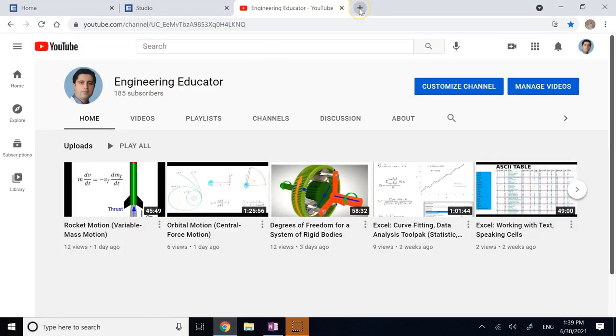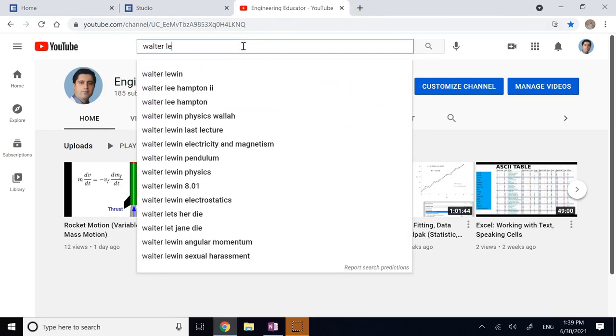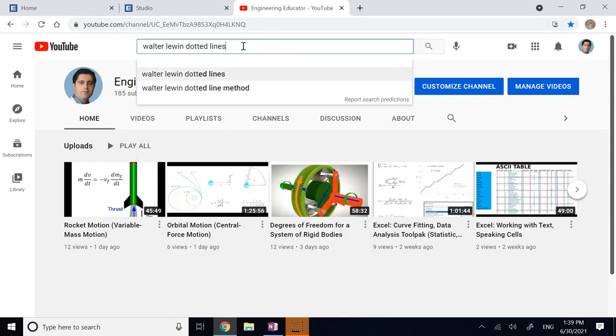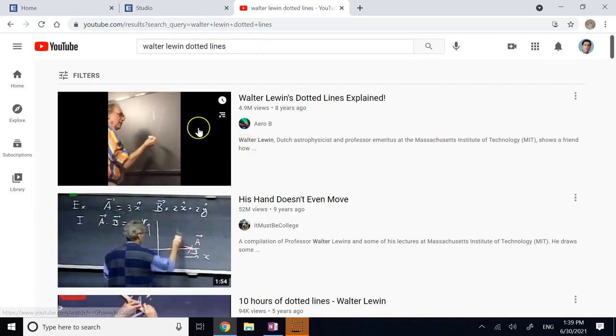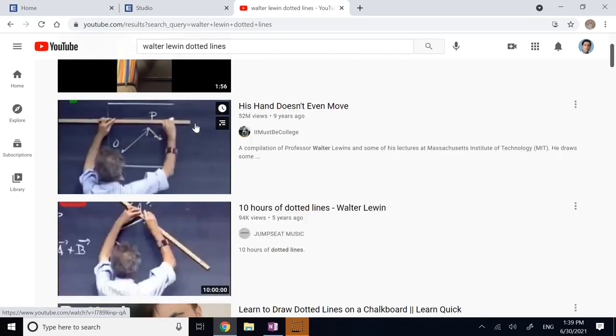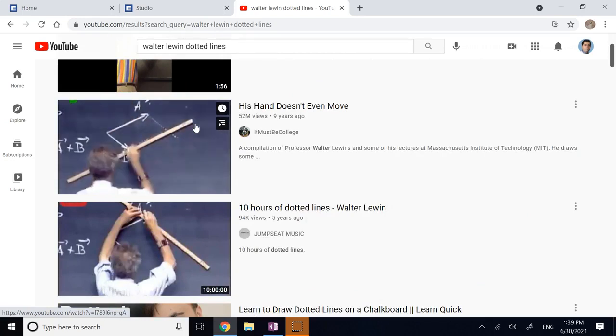The other one is, probably you all have seen Professor Walter Lewin, the former MIT professor. When he teaches, he uses the chalk and he creates dotted lines.